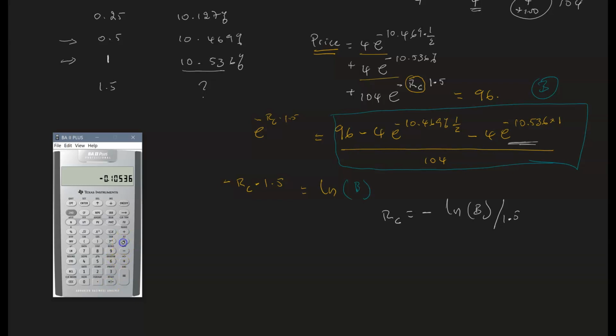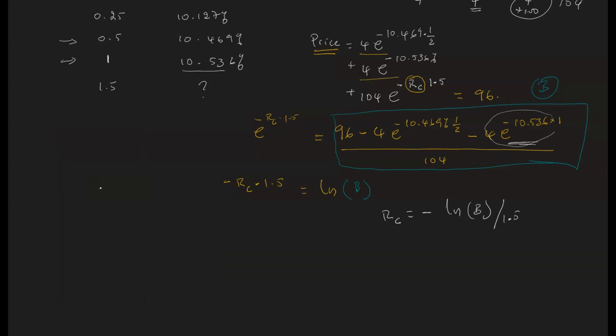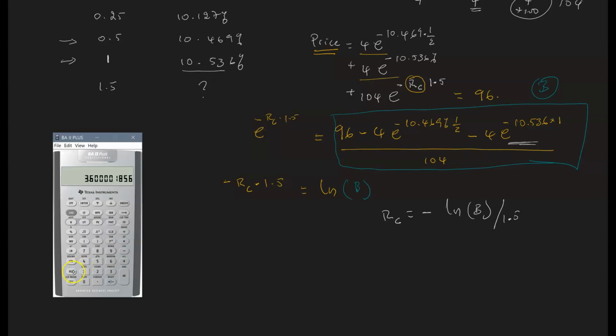I'm going to multiply that by 1, right? And I'm going to take the exponential of that. So second function exponential. That gives me that term there. I'm going to multiply that by 4 equal. And that gives me $3.6. So this here is going to be 3.6. Now I'm going to store that in the first memory slot. Store that in 1.